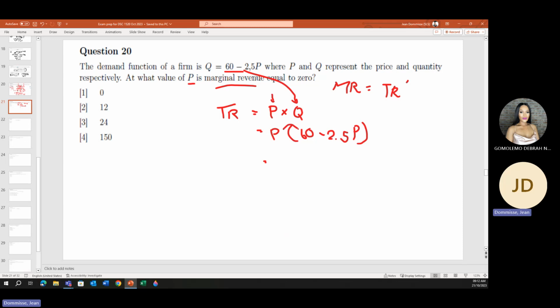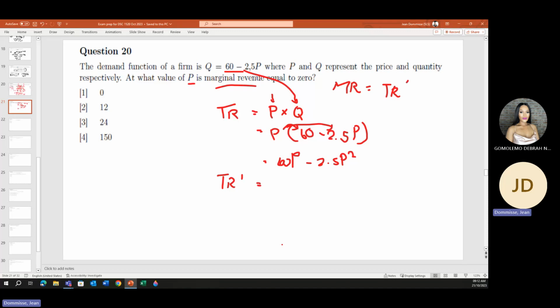Okay, so multiply in. So we sit with 60P minus 2.5P to the power of 2. Then we need to differentiate that.